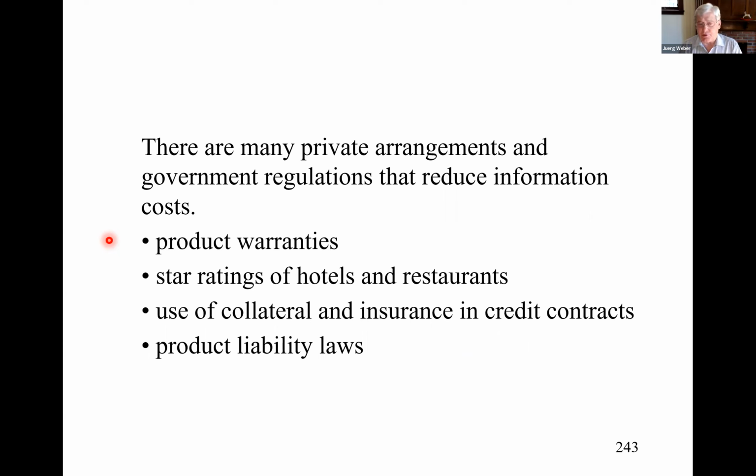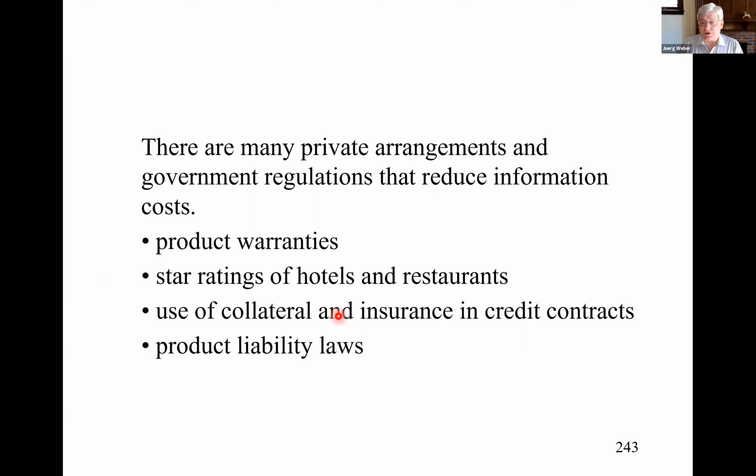Then this reduces your information costs, and you don't really have to worry so much whether that refrigerator is good, and you buy it anyway. Now, with hotels and restaurants, we have those star ratings, 2, 3, 4, 5-star hotels and restaurants. Again, this is just a signal for you of the quality of the service in those hotels and restaurants. So you will look at those stars.